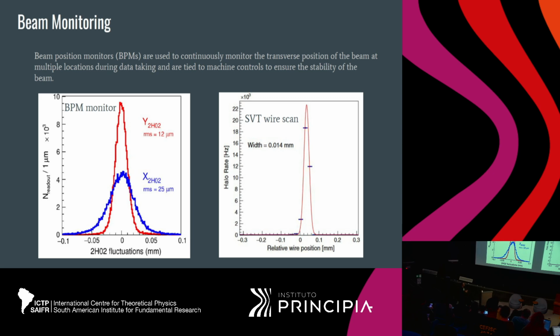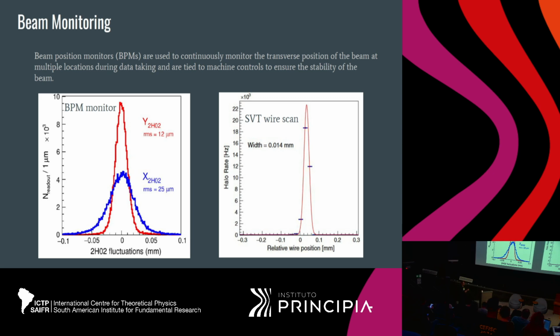And here you have a wire position scan, which is a sub-detector of the HPS silicon vertex detector, which can itself measure the profile of the beam without having to put the silicon itself inside the beam.